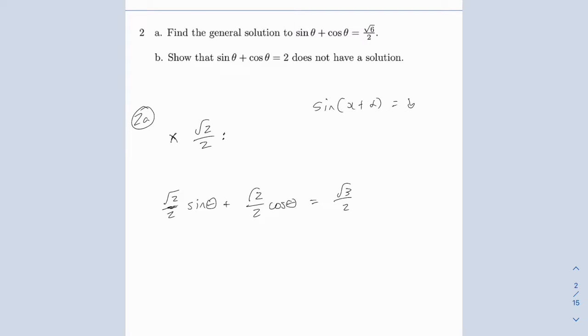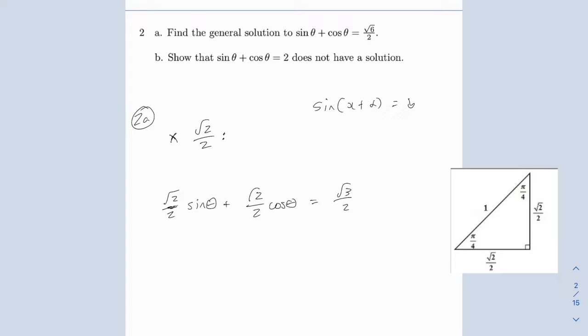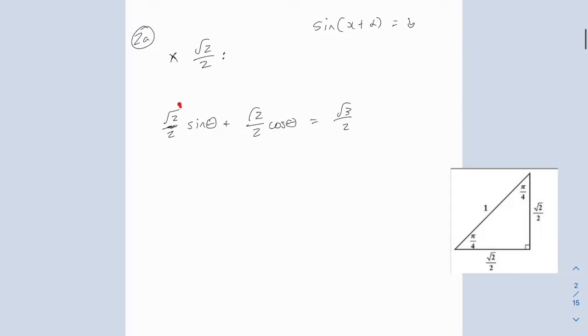Now, remember, this is where things get interesting, right? So if you look at the triangle on the screen now, you'll be able to see the special angles, okay? So what we can say is, instead of square root 2 over 2, we can say sine pi over 4 and cos pi over 4.